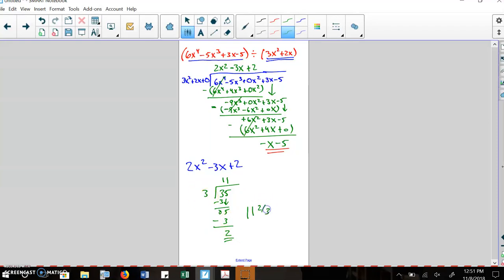It's going to be the same way here, except we need to use a plus sign. So moving back to this problem, we wrote down our answer, and then it's going to be plus this remainder, divided by our divisor on the outside, which is 3x squared plus 2x. So this is how we would write our final answer to this particular problem.